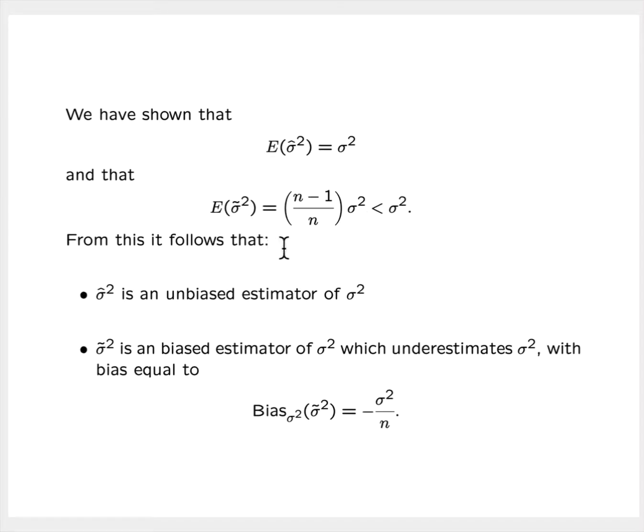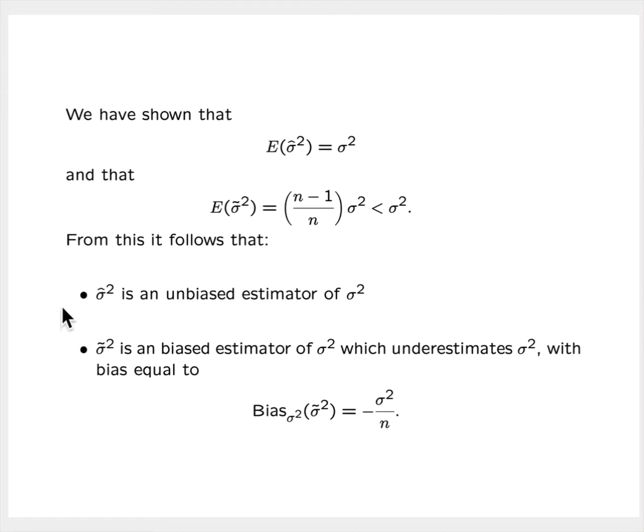And so from these two results, it follows that sigma hat squared is an unbiased estimator of sigma squared, and sigma tilde squared is biased as an estimator of sigma squared, and it tends to underestimate sigma squared. And so before we go any further, I want to ask you just to consider this question: which of these two estimators would you consider to be a better estimator of sigma squared?